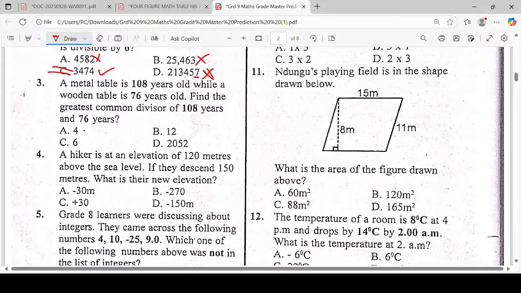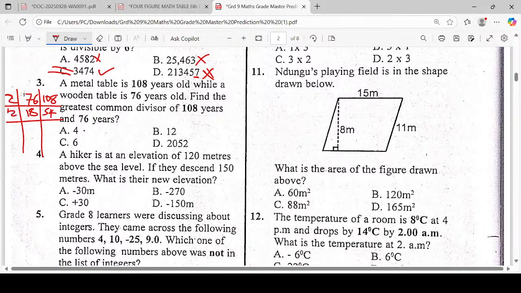If I want to get the GCD of 76 and 108, I have to look for numbers that can go into both of them. The first number is a 2. 2 into 36, how many times? That is 18 times. 2 here is 54.